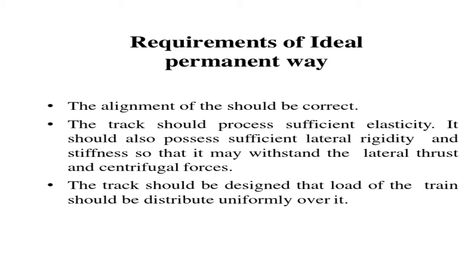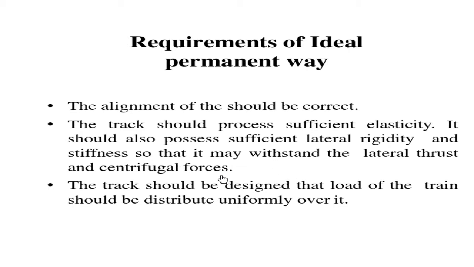Then comes the requirement of an ideal permanent way. First, the alignment should be correct. You know what alignment is. Both in the horizontal as well as in the vertical manner it should be laid properly. Then the track should possess sufficient elasticity, lateral rigidity and stiffness so that it can withstand the lateral thrust and centrifugal forces.